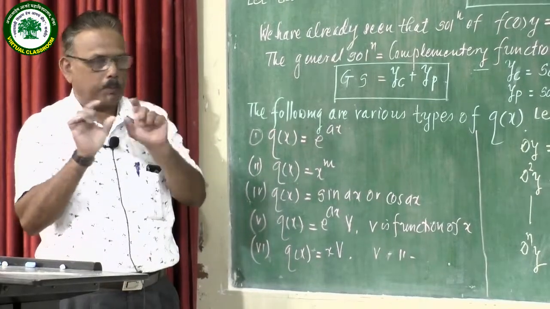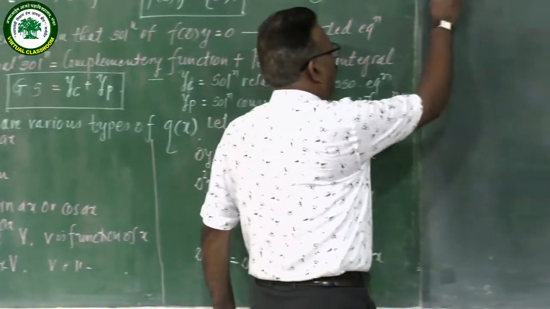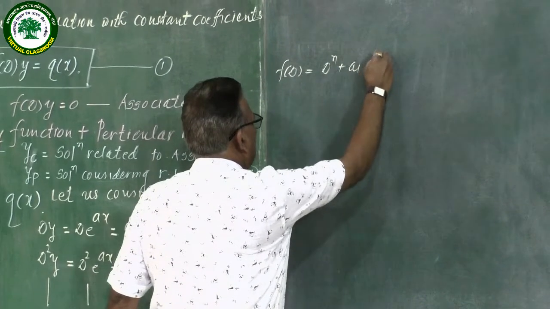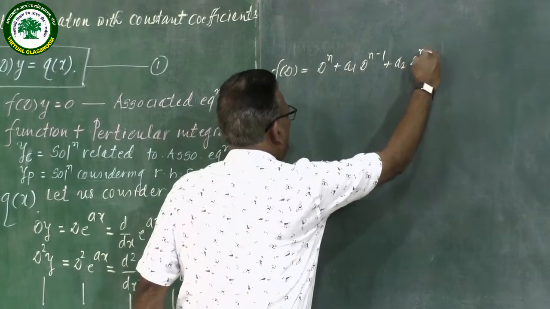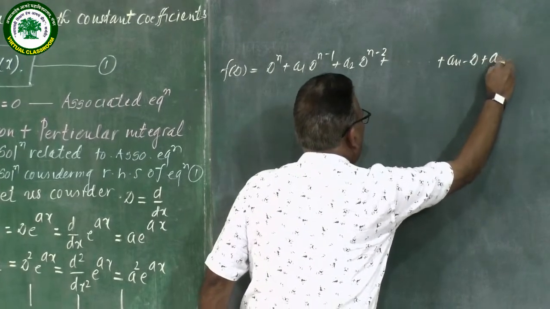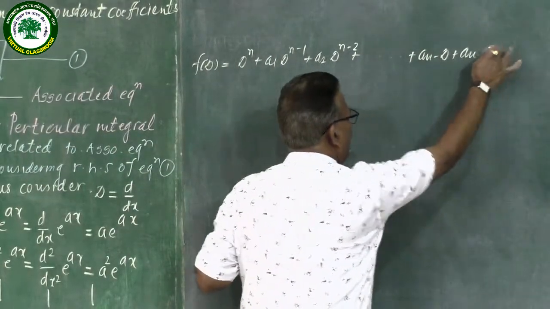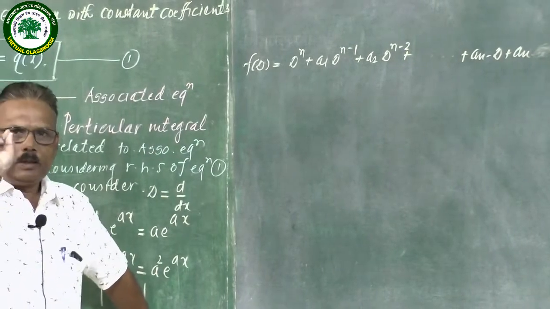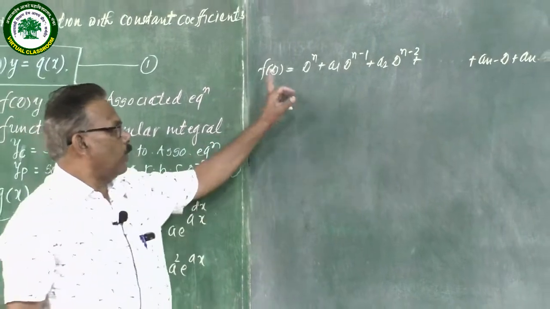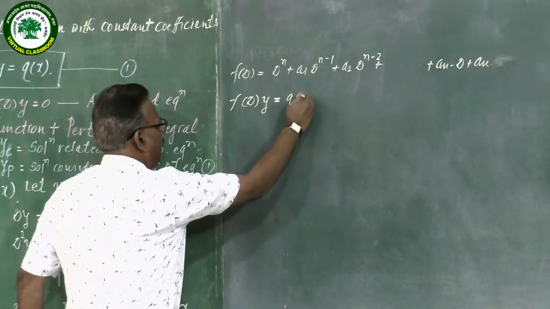Here we have to use f(D), the polynomial in D, which is already known to you. f(D) is equal to D raised to n plus a1 D raised to n minus 1 plus a2 D raised to n minus 2 plus and so on, up to a(n minus 1) D plus an, which is equal to Q(x), not 0. This polynomial in D of degree n, f(D), operating on y is equal to Q(x).